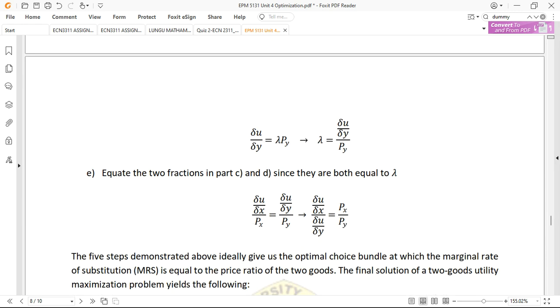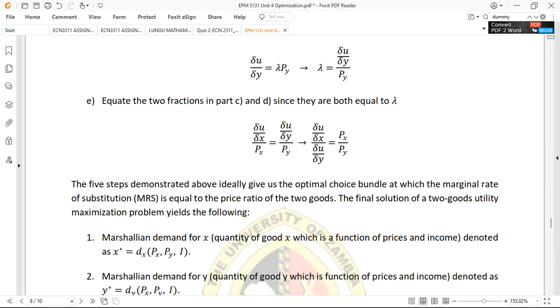You put these two together using what we call the equimarginal principle, which is the partial of the utility function with respect to x divided by the partial of the utility function with respect to y. This ratio must equal the ratio of the prices of x and y. Then from here, you know that you are done.